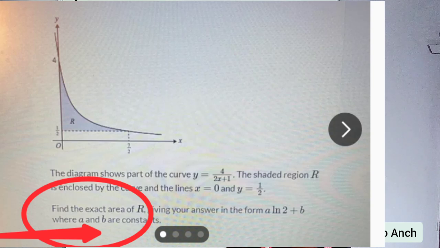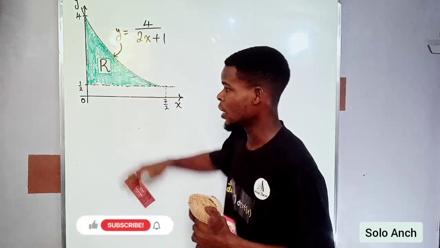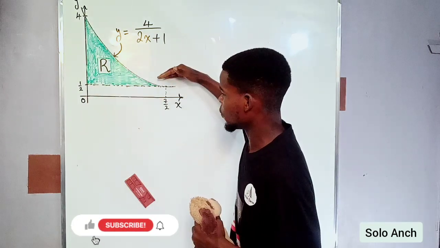So to find the area of this green region, which is enclosed by this curve given as y equals 4 over 2x plus 1, this line here, which is x equals 0, and the horizontal line here, which is y equals 1/2. This is a little bit different from just finding area under a curve, because this horizontal line limits us.